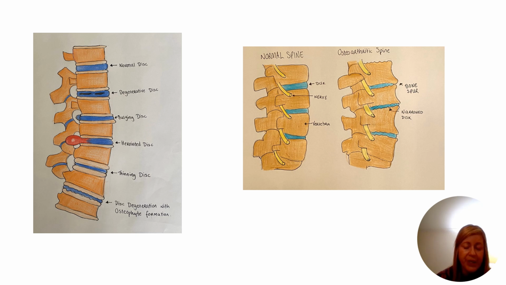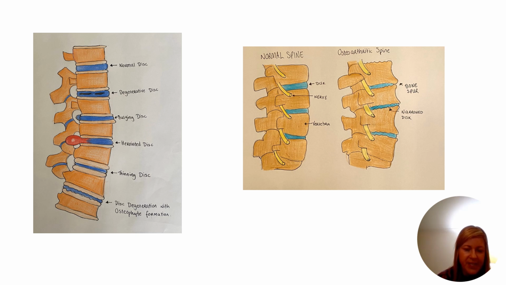So when you have a scan of your back, like this is looking side on, these are the vertebral bodies, these are the discs, that's what a normal disc looks like. Then you have a degenerated disc, you have a little bulging disc there, and then you have a herniated disc, so that's when much more of the disc has bulged out.